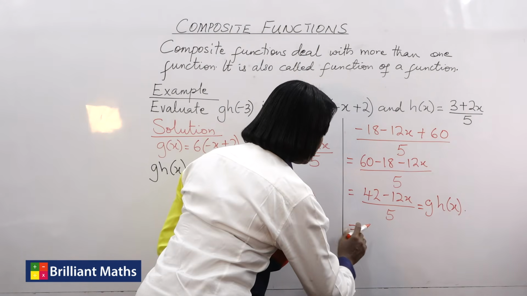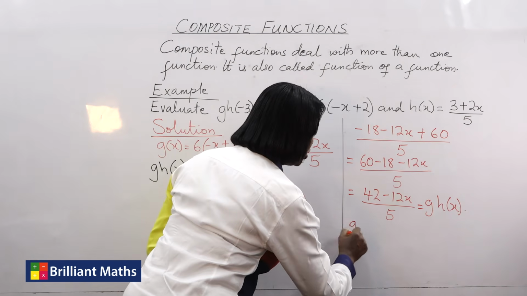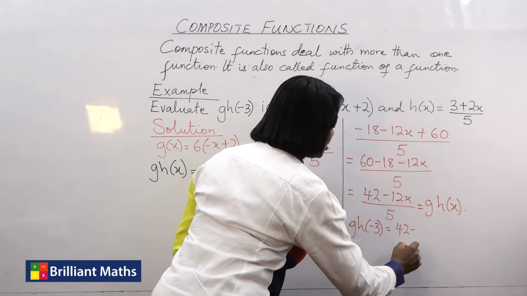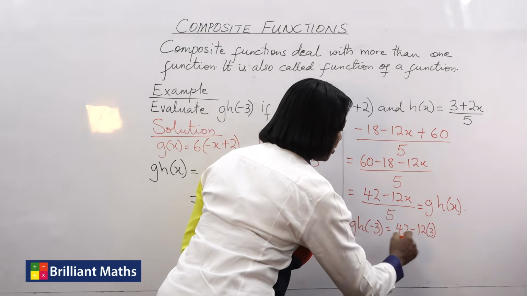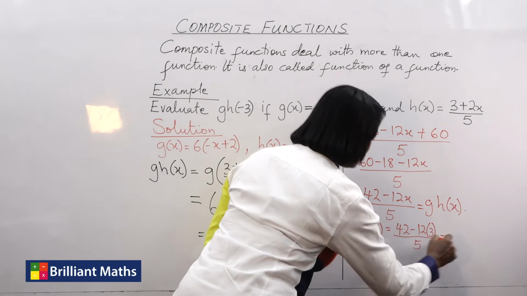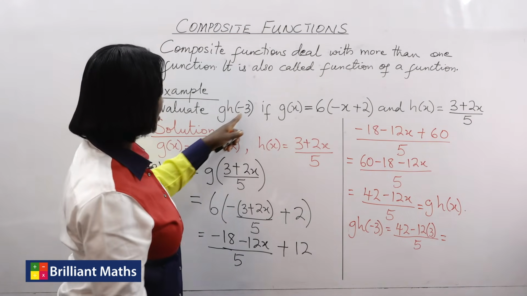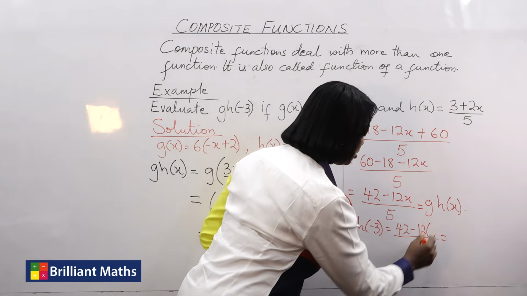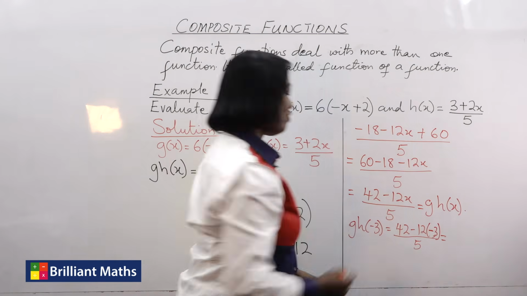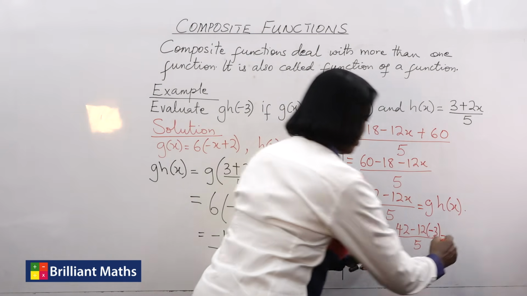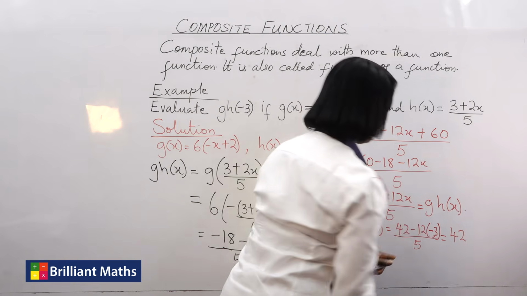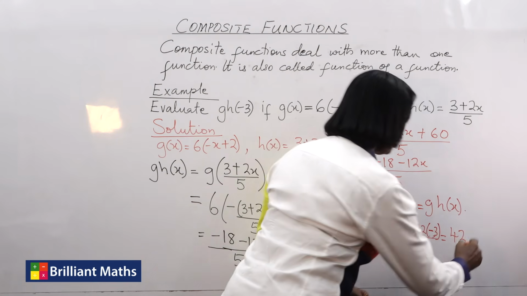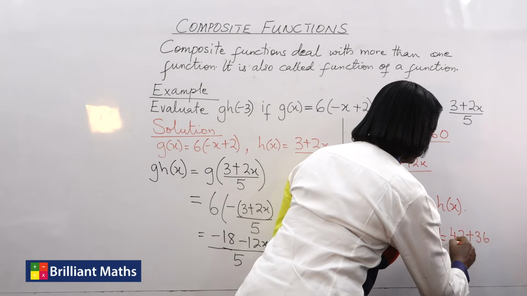We have gh of minus 3 is equal to 42 minus 12 times minus 3 over 5. 42 minus 12 times minus 3 will give us plus 36. So 42 plus 36 over 5.